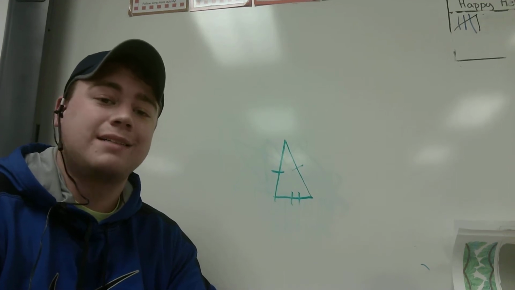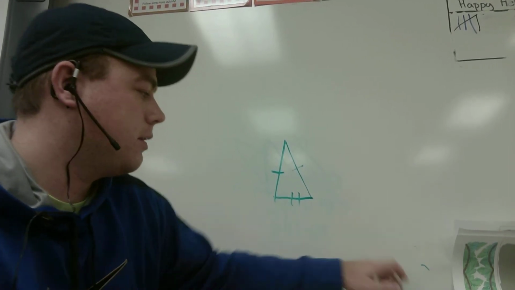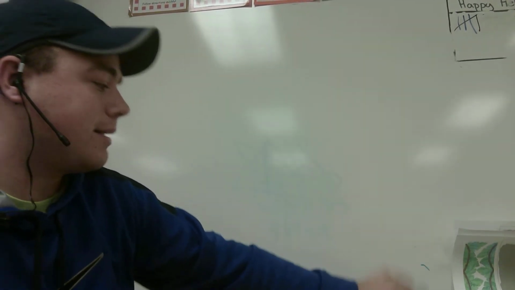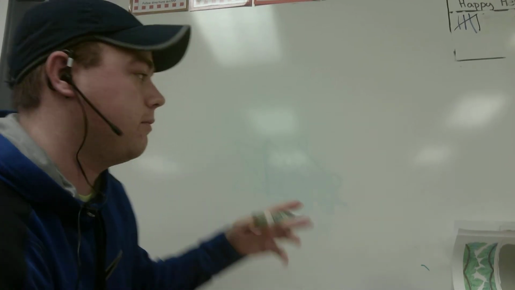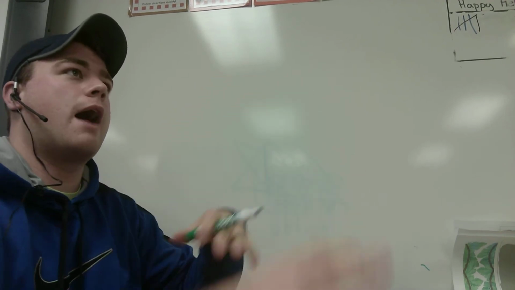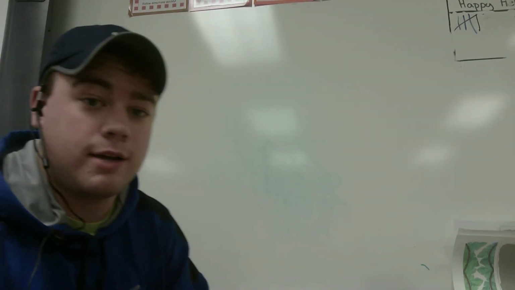Now, last but not least is your scalene triangle. If you're thinking about where we started with all three sides are equal, then two sides are equal. Well, a scalene triangle means that zero sides are equal. No sides are going to be the same amount.